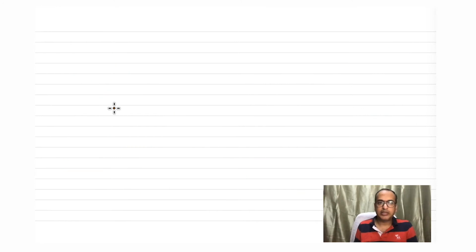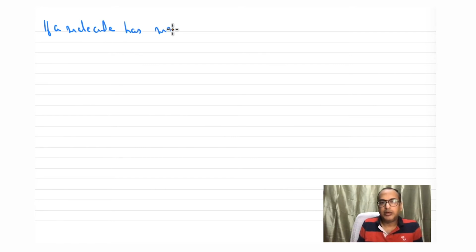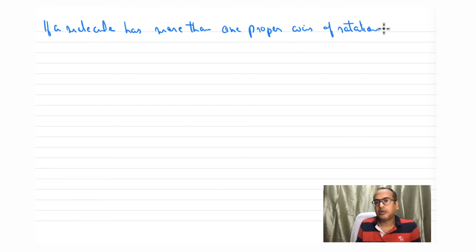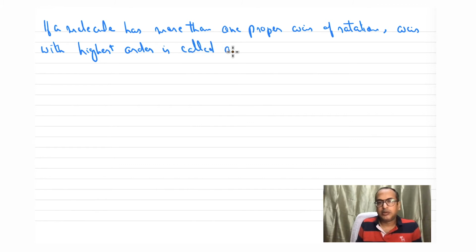Now if a molecule has more than one proper axis of rotations, the axis with highest order is called the principal axis.